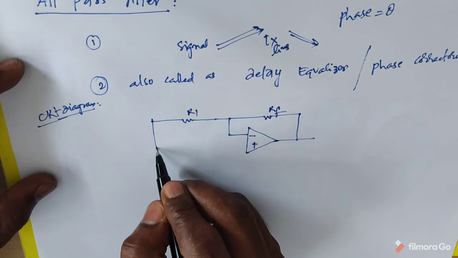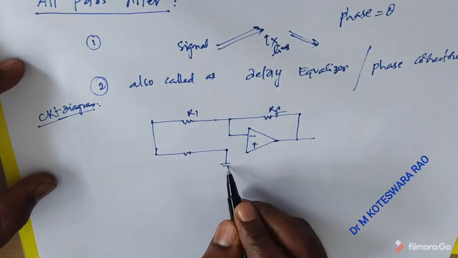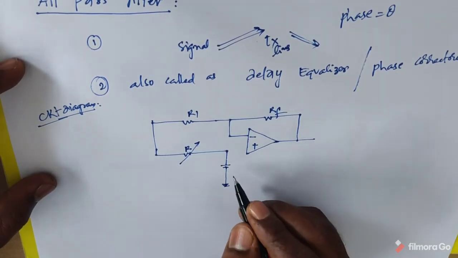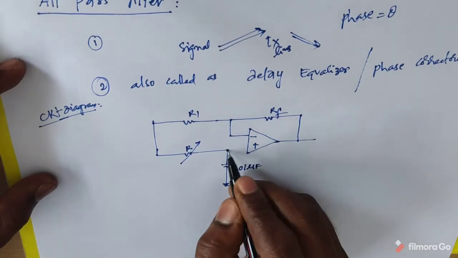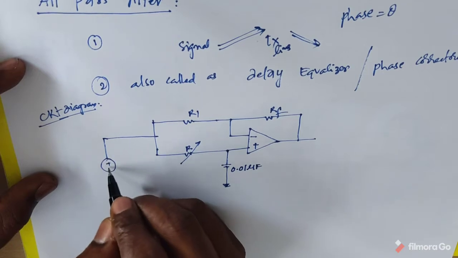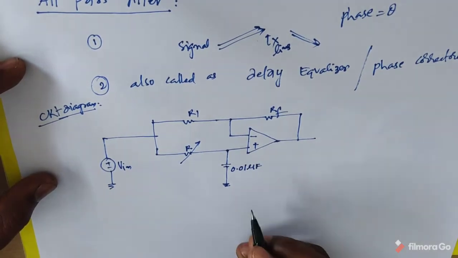Take one more variable resistor and a capacitor connected to ground. The capacitor, preferably 0.01 microfarad, is connected to the positive terminal, where the input voltage is connected for both negative and positive terminals.